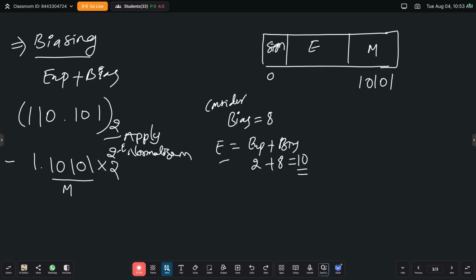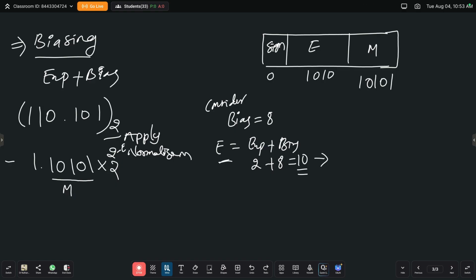So now you consider your exponent value as 10 instead of 2. So what is the binary number for 10? 1 0 1 0. This is the representation. Sir, how will it work? I will show you the formula.